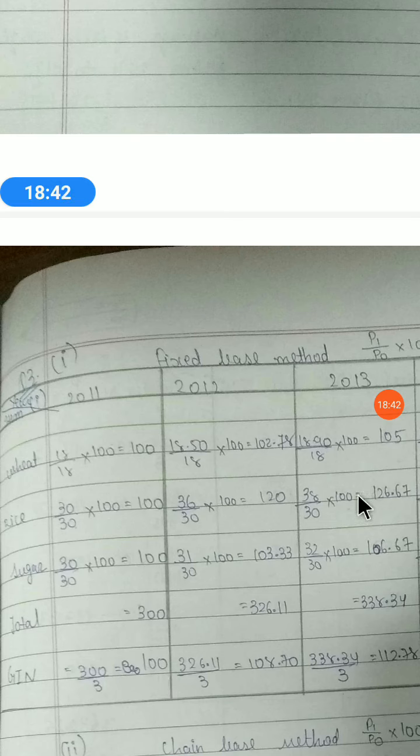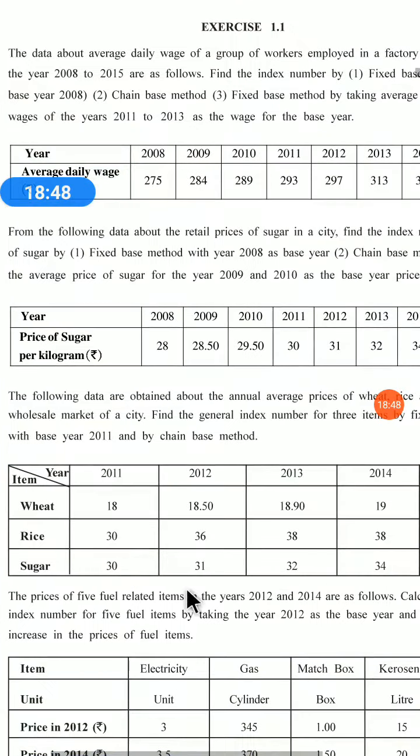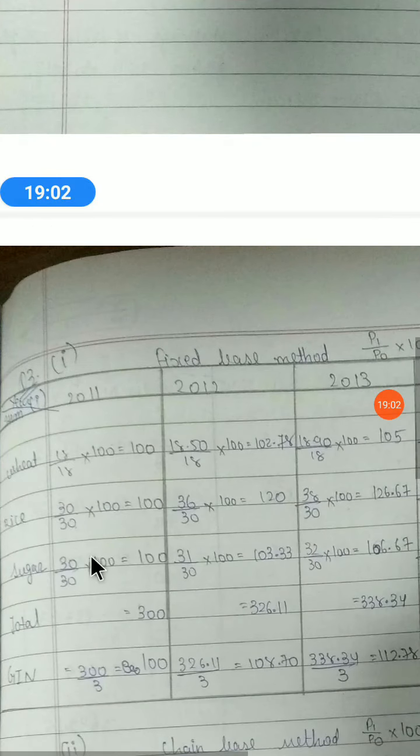Right girls? For the year 2012, the price is given in the question. You can see 18.50. So 18.50 upon 18 into 100. Then 36 upon 30 into 100. 31 upon 30 into 100. In this way we can get the index number for the year 2012. Okay girls, now we have to find the general index number.